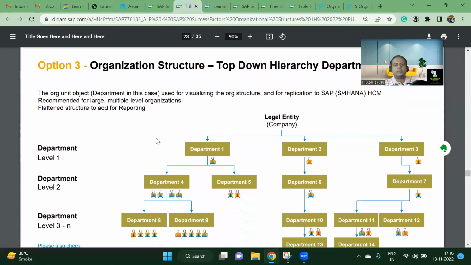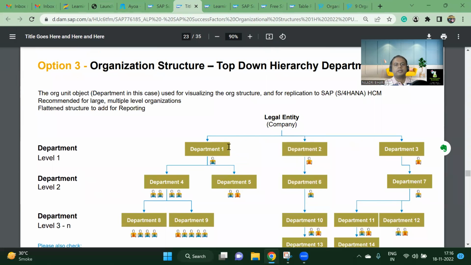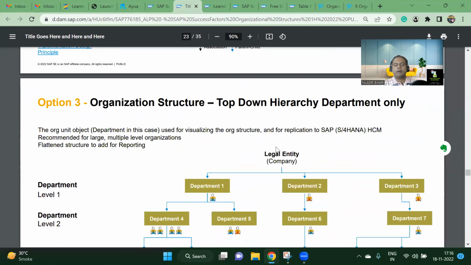Suppose option 3: you want to have a top-down hierarchy only for the departments. That is also possible, right? Here, the org unit department in this case is used for visualizing the org structure and for any replication you will be doing in HCM. Mostly it is applicable for large, multiple-level organizations.